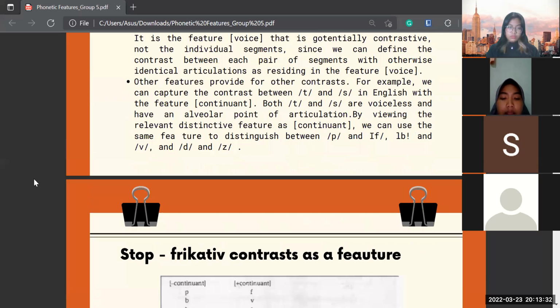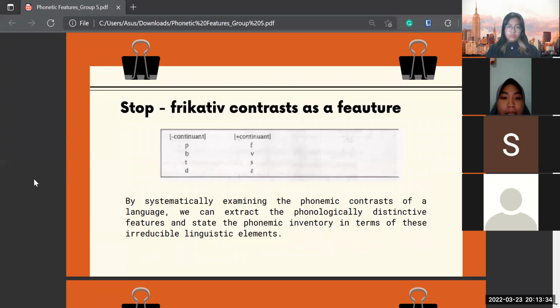Next slide. Here is the stop-fricative contrast as a feature continuant.